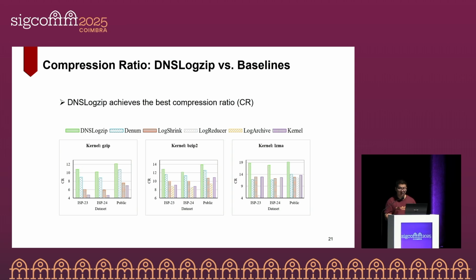As shown, DNSLogzip outperforms them all on compression ratio across three datasets. It achieves up to 2.3 times improvement over general-purpose ones and up to 3.7 times over domain-specific ones.